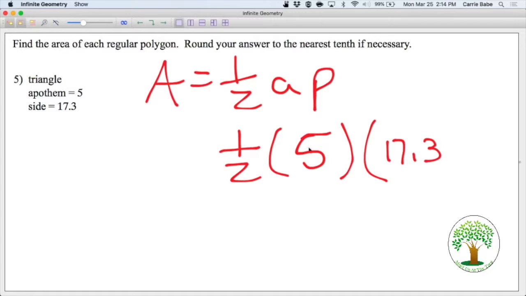How did you decide that? Because it's a triangle, so we're going to multiply that by 3. Make sure you know the names of your shapes. If it says pentagon, hexagon, you have to know how many sides that is. We got 129.8.